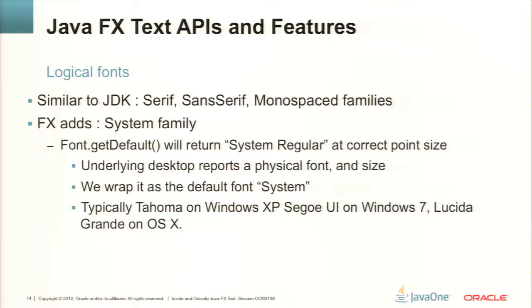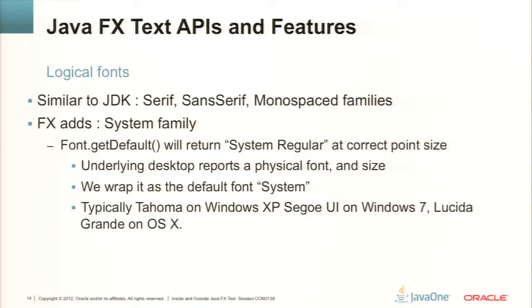So you don't have to go retrieve the font, get its name out, and then create the font at that size. You can just say, I want system regular at this size or that size. But we don't expose, you can't call it and ask, what is this underlying system font? Maybe there should be a way to do that, but there isn't.